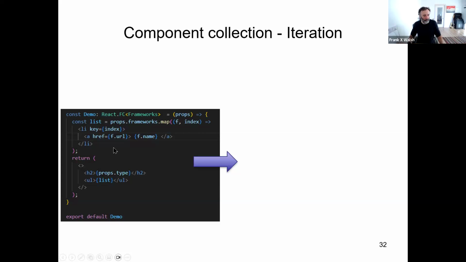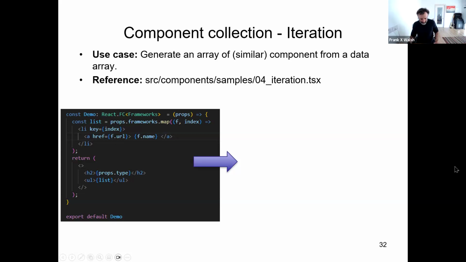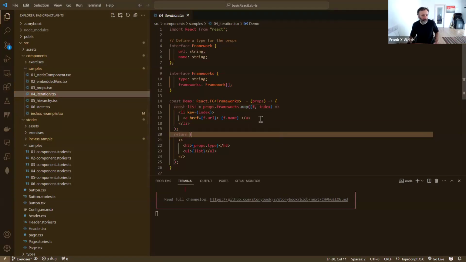So we've seen component iteration. We've kind of seen this already. So we can go through a component collection. So we can iterate through. So we can generate an array of similar components from a data array. So you can see it here, iteration. I think we had a look at that already when we did the map of the list items. Yeah. Here's another example here.